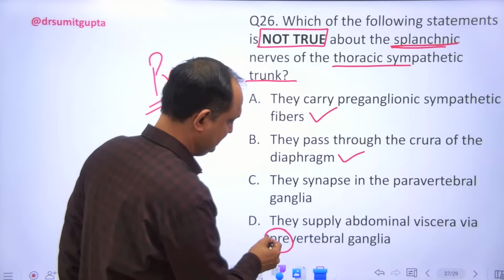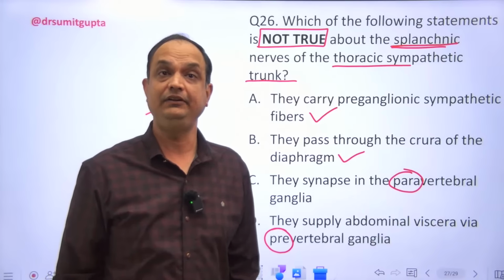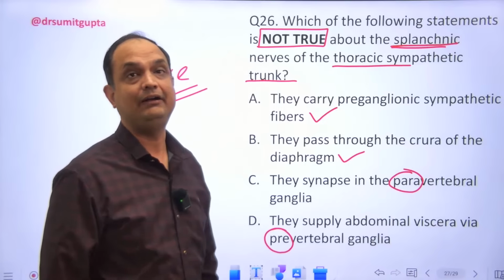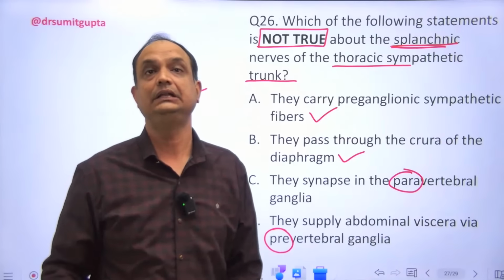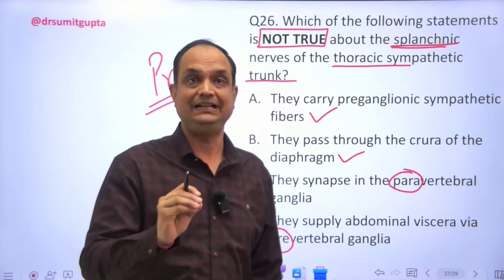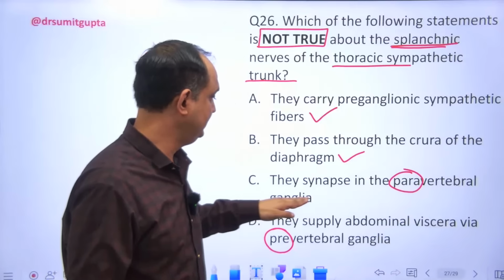So please keep in mind that there are two words, paravertebral and prevertebral. Paravertebral ganglia are basically another name for the sympathetic ganglia of the chain itself. And these splanchnic nerves come out from the paravertebral ganglia itself.